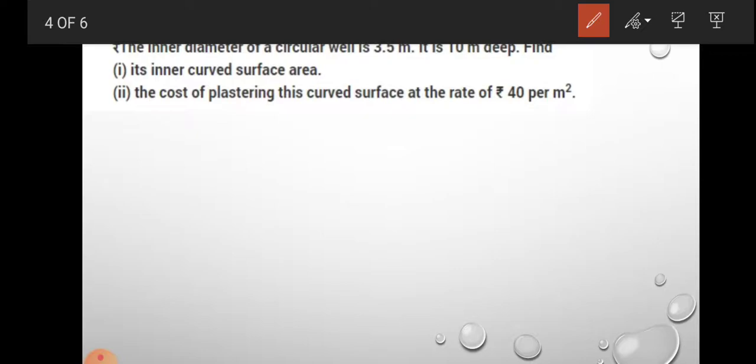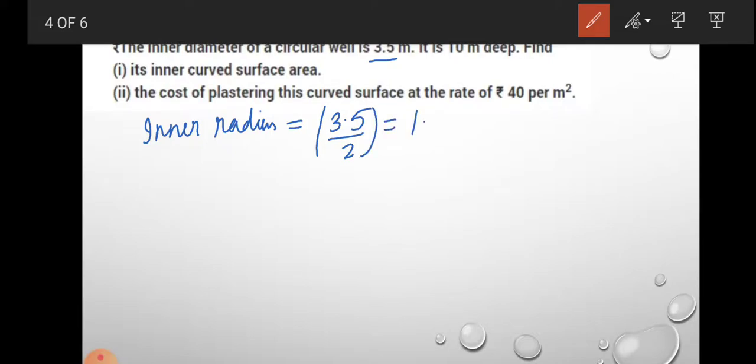Now inner radius is equal to half of diameter, and diameter is 3.5, so it is 1.75 meter. Height is 10 meter.